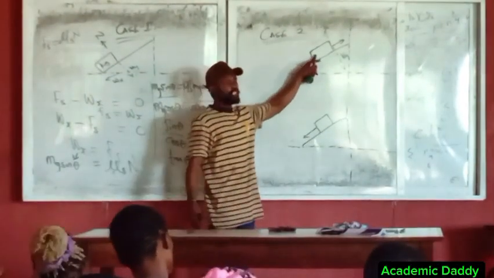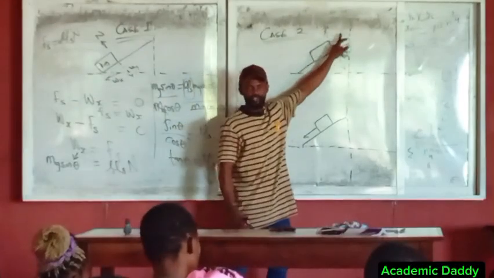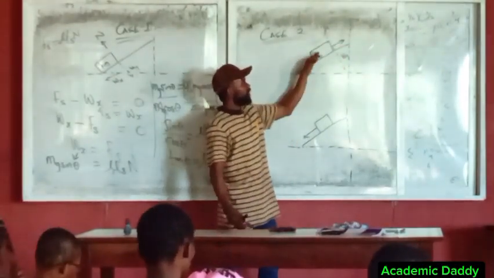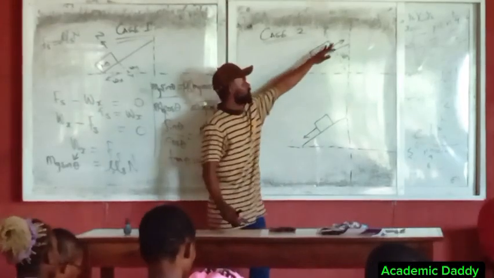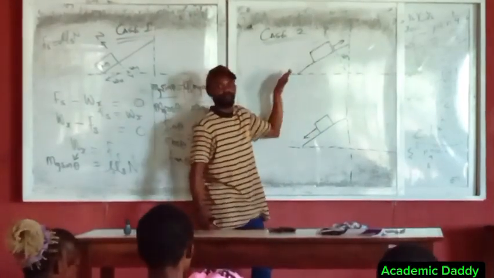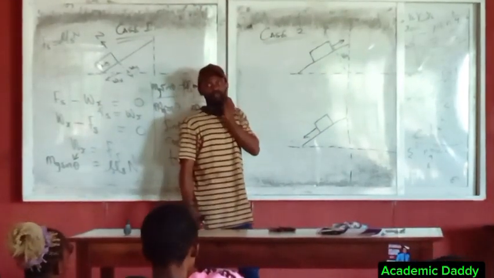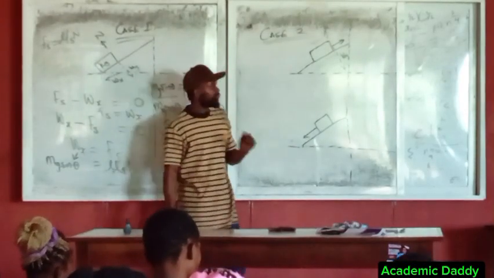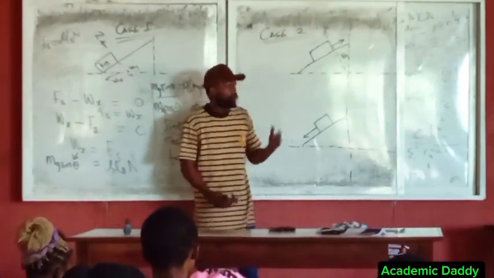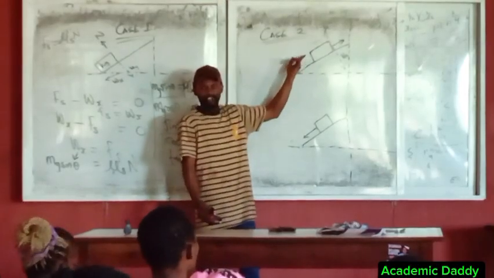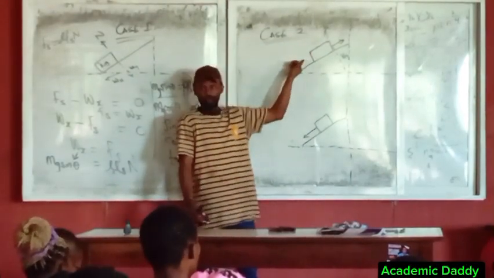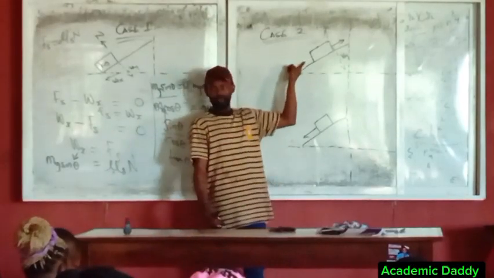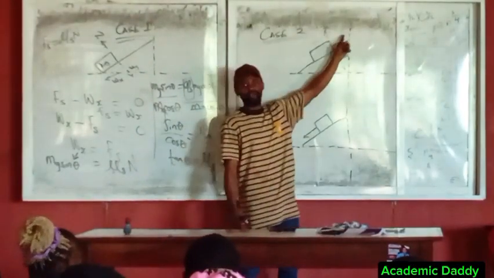Now see, if this body is moving upwards, how many forces did I tell you are acting on this? Two. Which is what? Now see, FK: naturally this body on the inclined plane wants to come this way, which means kinetic friction wants to go the other way.